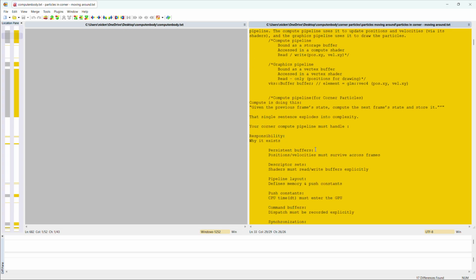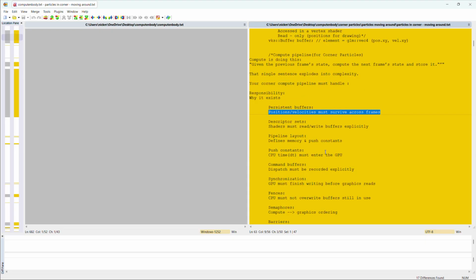Your corner compute pipeline must handle responsibilities, why it exists. Persistent buffers, right? Positions, velocities must survive across frames, right? Very important. Descriptor set, shaders must read write buffers explicitly. Pipeline layout defines memory and push constants. Push constants, CPU time must enter the GPU, right? So again, we're talking about that clock thing. We have to have that clock.